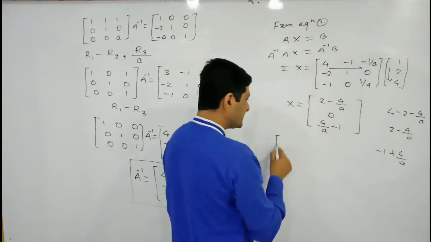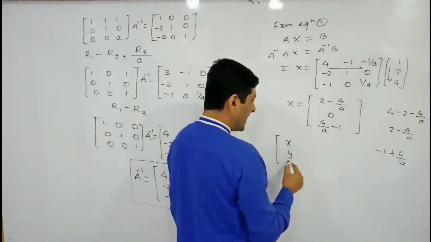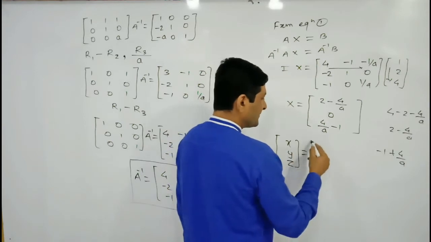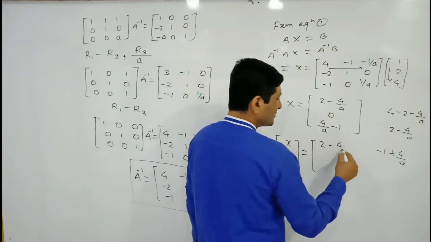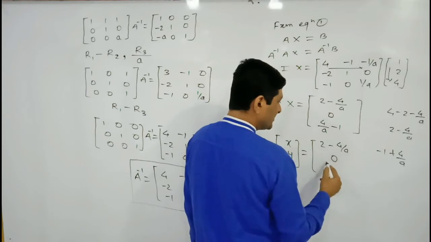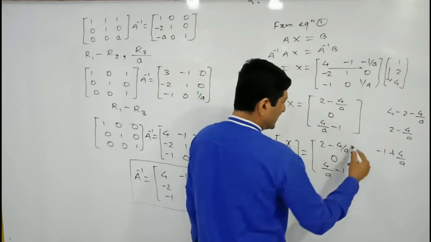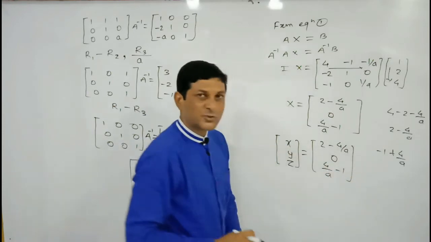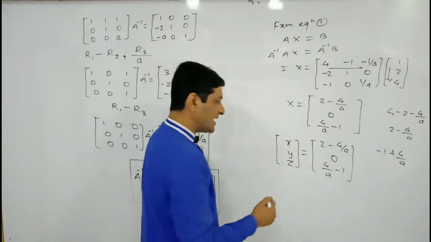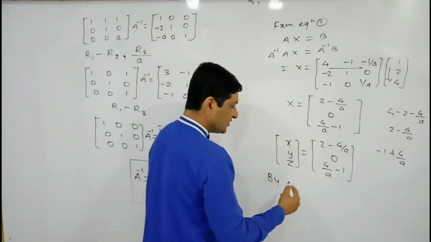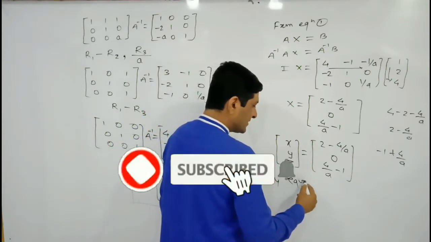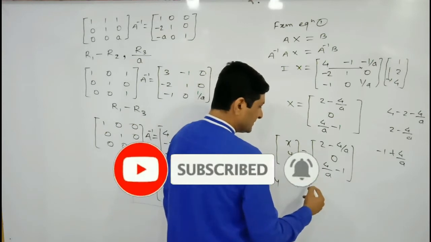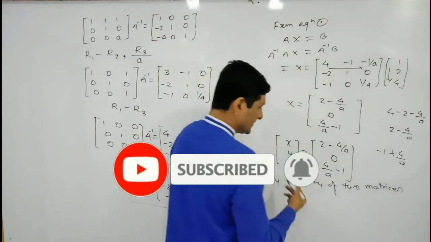The elements of matrix X are x, y, z. On this side, 2 minus 4 by a, keep it as it is, 0 as it is, 4 by a minus 1 as it is. Here we can observe that these two matrices are equal matrices. That's why we are applying the definition of equality. So by equality of two matrices, what will we get?